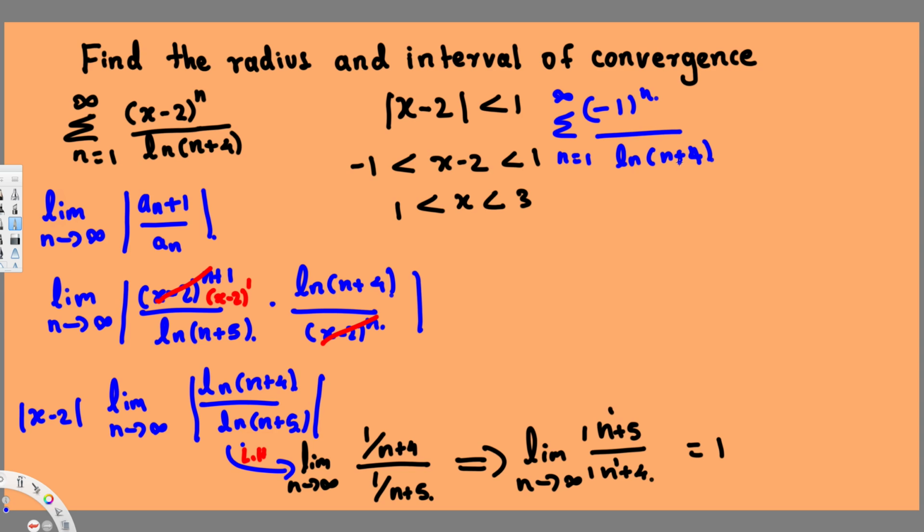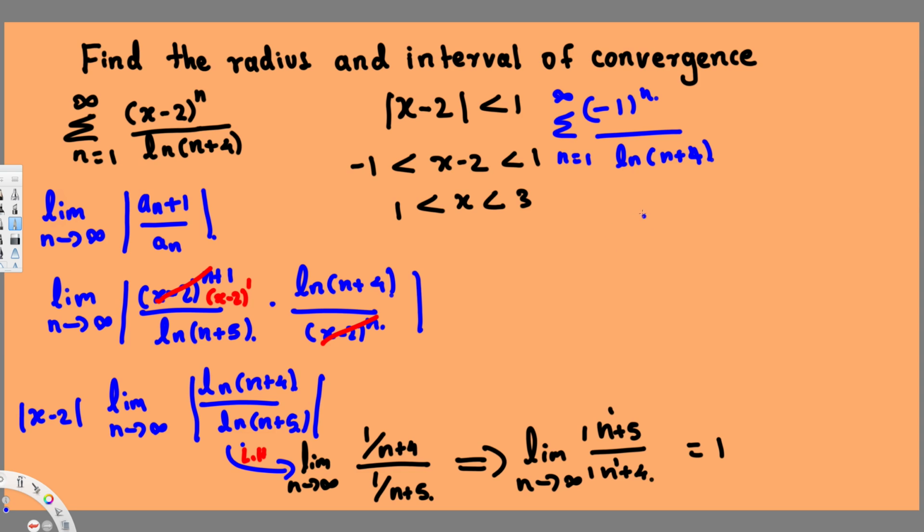So whenever we have an alternating series, what we do is we take the b_n value. b_n is everything except this negative 1, so that's going to be just 1 over ln(n plus 4), and check whether that limit is 0 and also whether it is decreasing. If it satisfies both of them, it means that the series converges. If it fails to satisfy one of them, it means that the series diverges.